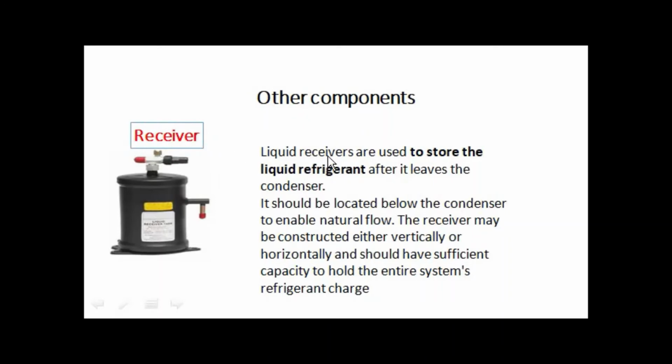Liquid receivers are used to store the liquid refrigerant after it leaves the condenser. The purpose of the receiver is to store liquid refrigerant after it leaves the condenser. It should be located below the condenser to enable natural flow.